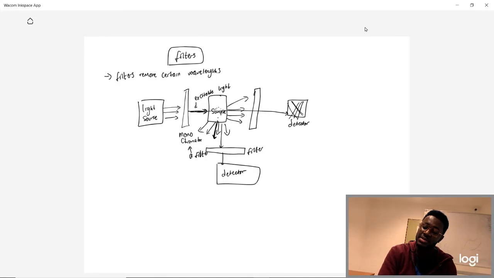So the first thing that we do to prevent transmitted light is to put the detector at 90 degrees. Another thing is to put another filter here that filters excitation light from the light source that scatters in the sample and comes towards the detector. You understand that?